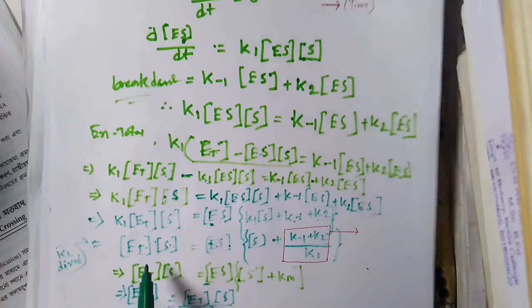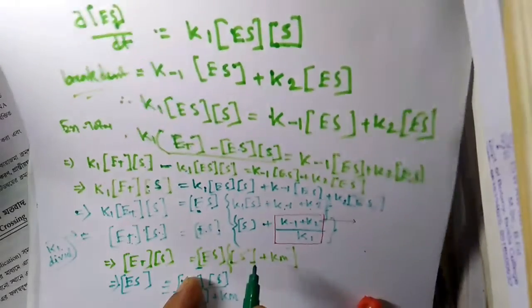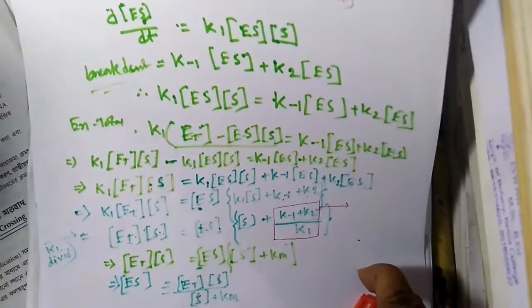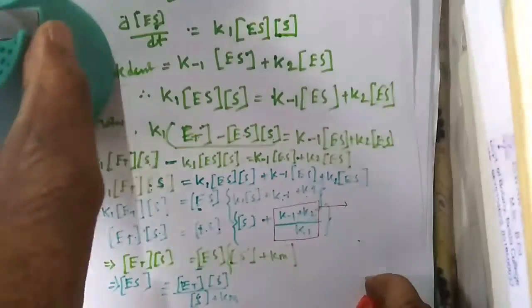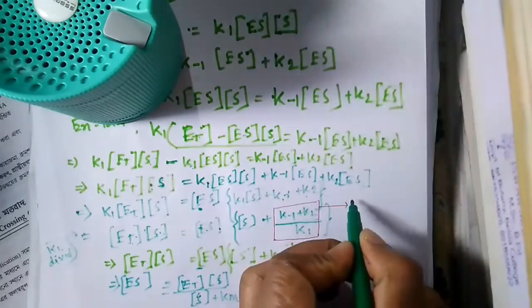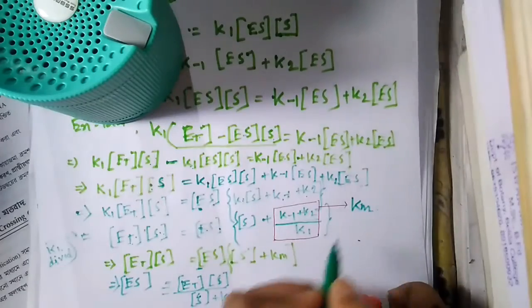Here we see that (K minus 1 plus K2) by K1 is the Km.